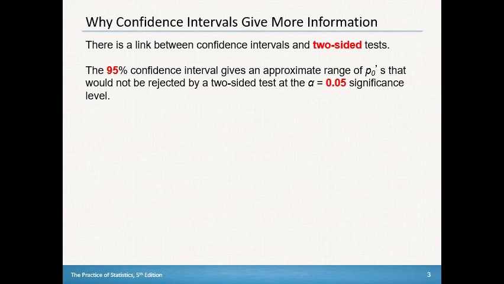So a 95% confidence interval that we did last chapter gives us a set of plausible values. And before we started doing significance tests, remember we said if someone has a claim about a particular value, if it's outside our interval, then we would say our evidence does not support that claim. And if it was inside our interval, then that would be evidence to support that claim.